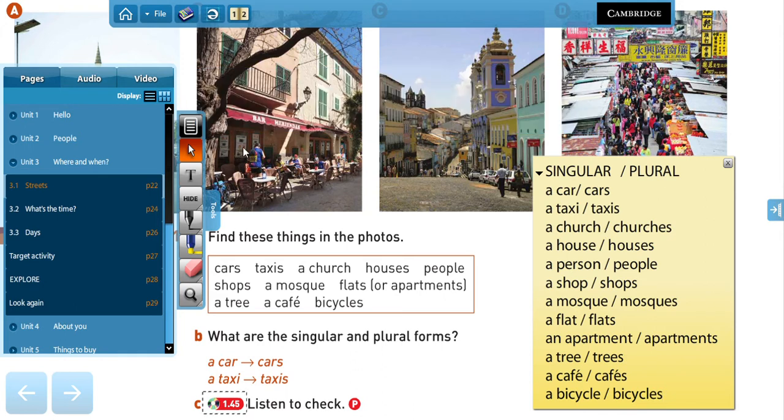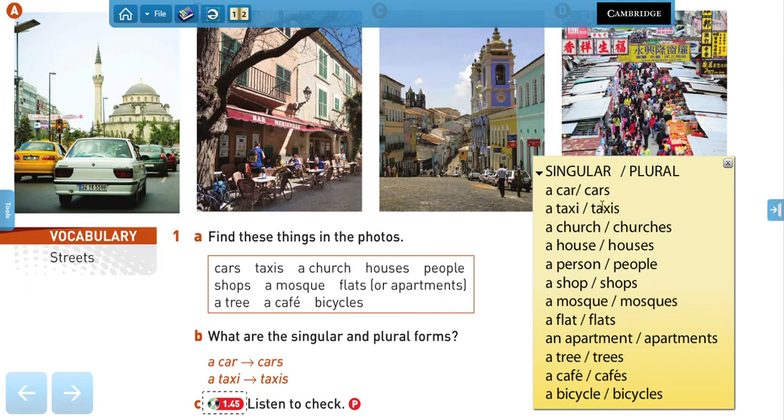Very good. Very, very good. Here you have both singular and plural forms. Okay? Remember, important one. We never say persons. We always say people. A person, one person, and people. Right?